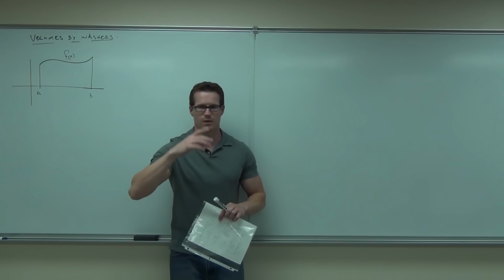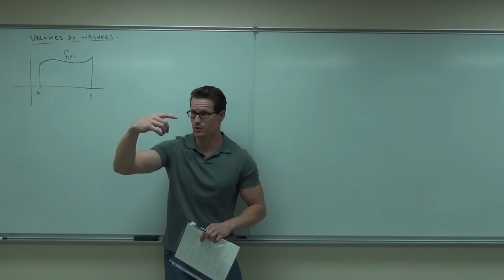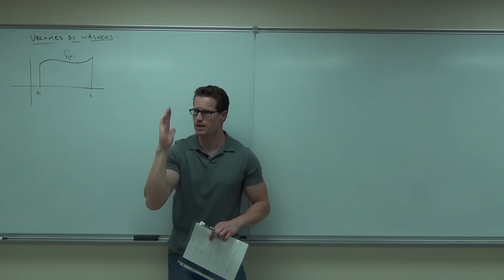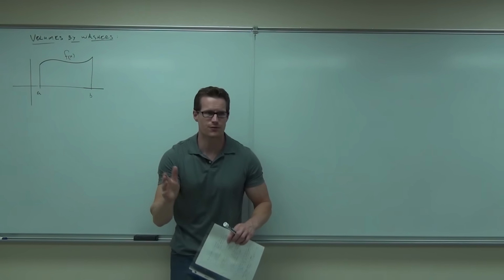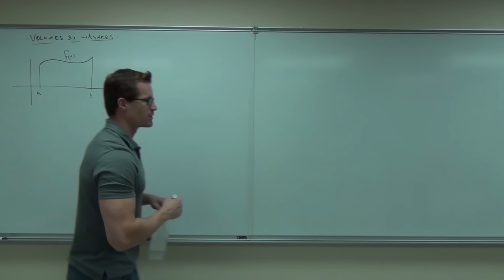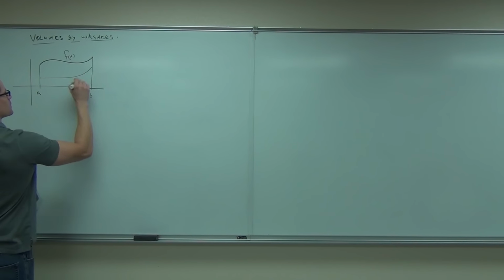Okay, this is what we were just talking about. If you sweep this around the x-axis, it will create a volume, create a solid, and we were able to find the volume by taking slices with our disks. That's true. However, what happens if there's another function between f and the x-axis, namely, let's call it g of x.